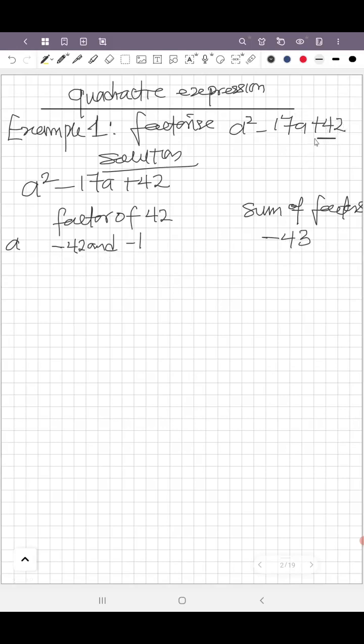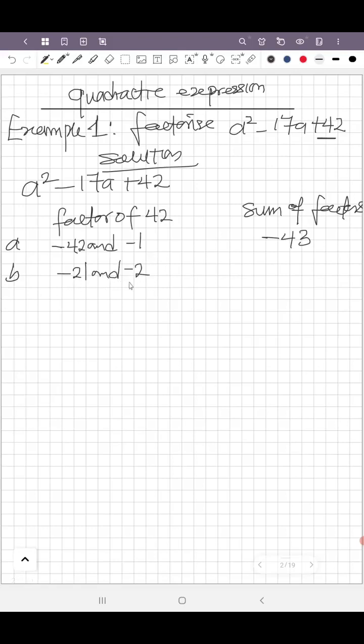That is the factor to look for. Not finding factors that, when you multiply them together, give you minus 42. No, that is not how to factorize. Let's find another factor. We try to reduce it. We have minus 21 and minus 2.